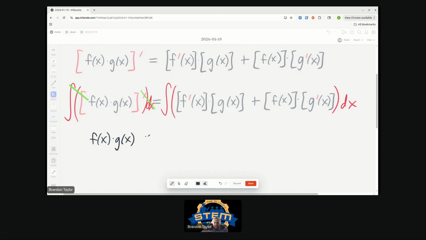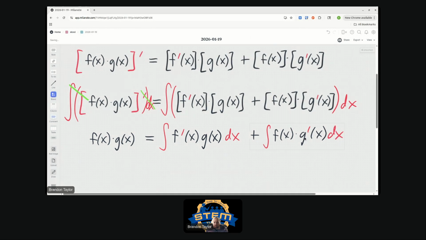Then, using the sum rule we talked about last week, the right side becomes the integral of f prime of x g of x plus the integral of f of x times g prime of x dx.